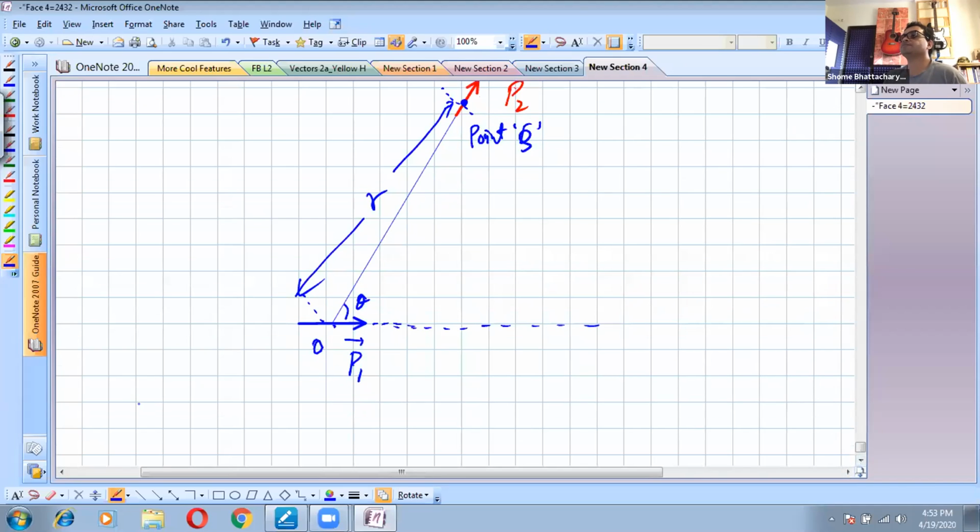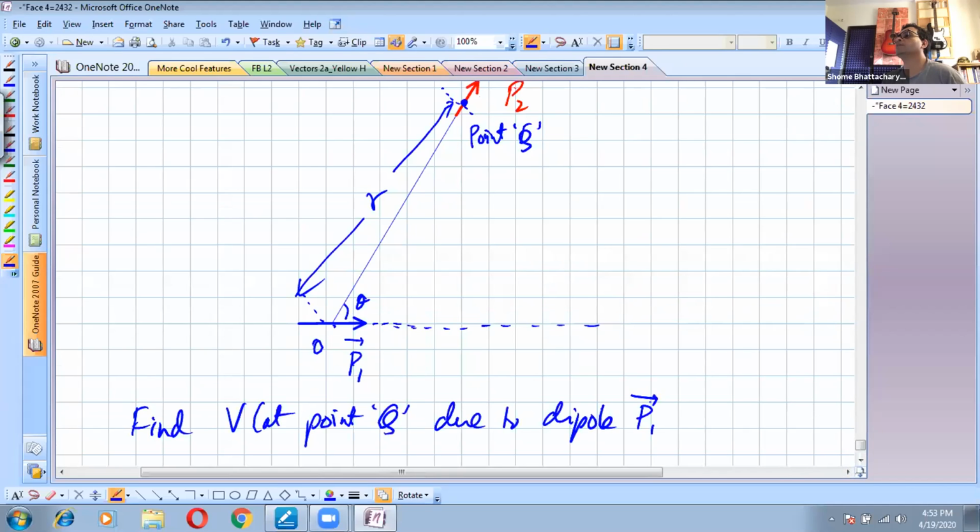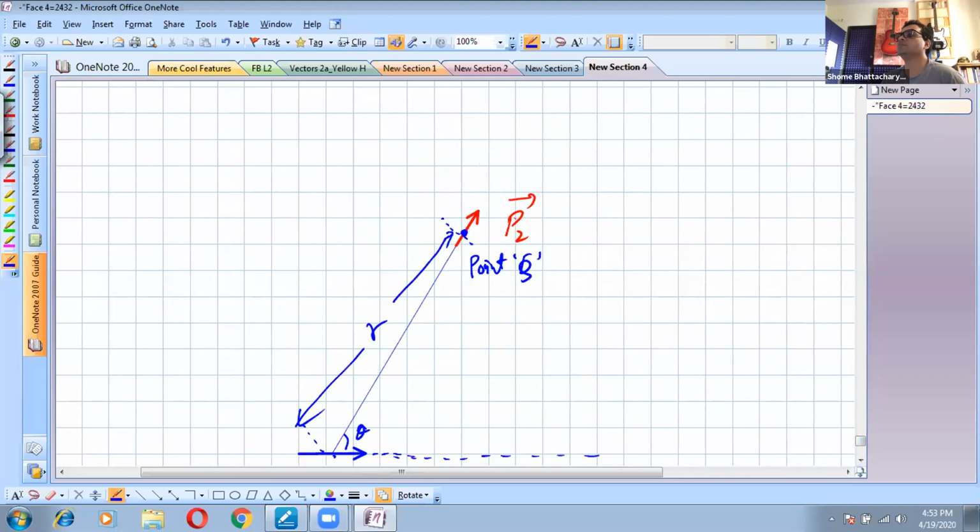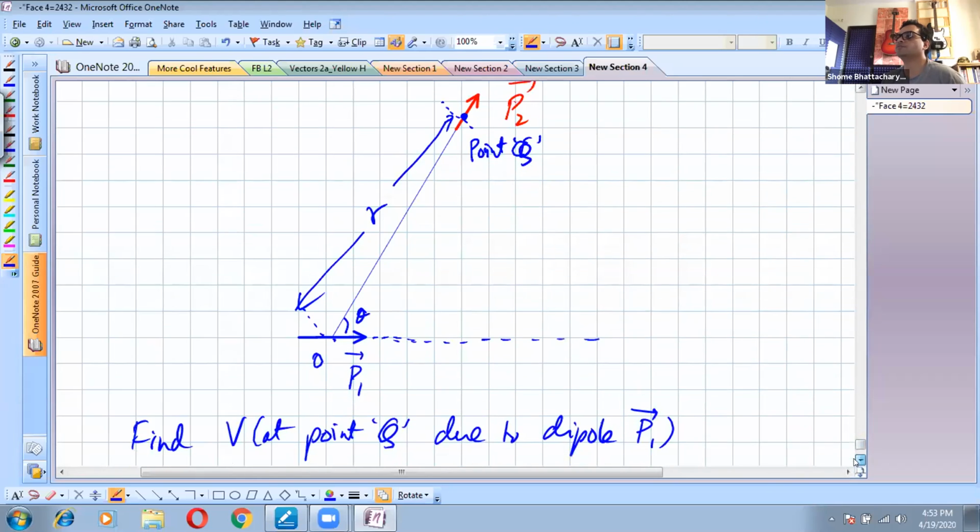So we will find or express the potential at the point Q due to the dipole P1. What does that potential represent? It represents the potential at this arbitrary point Q, where I'm placing the second dipole, because of the charges present over there, the plus Q and the minus Q. And that formula you know.